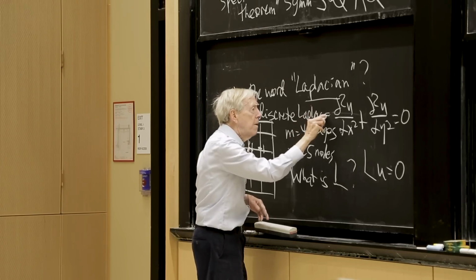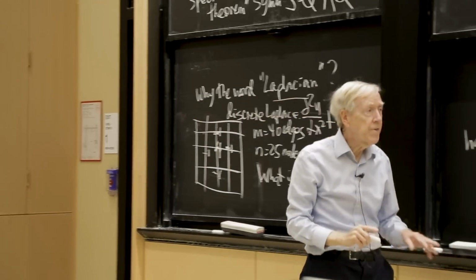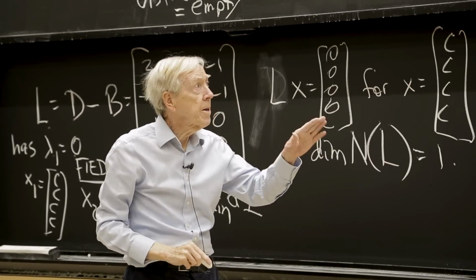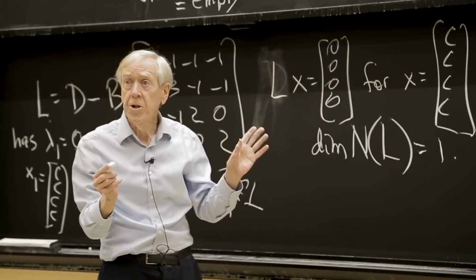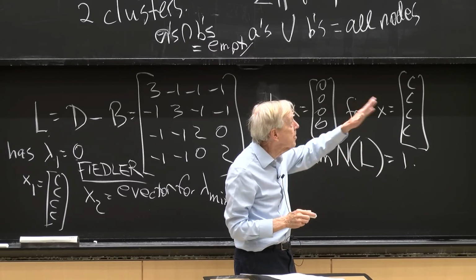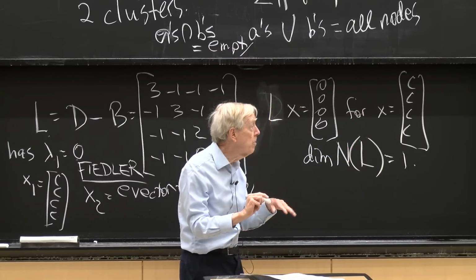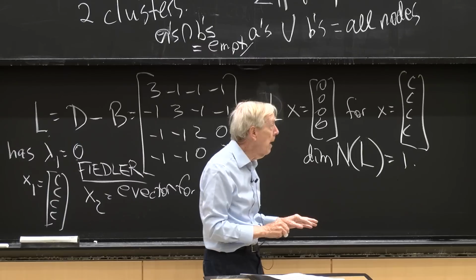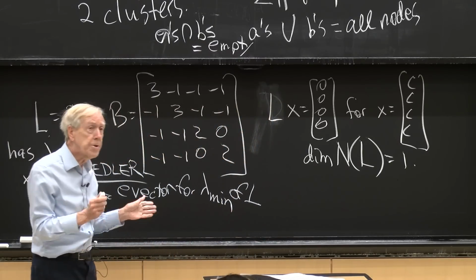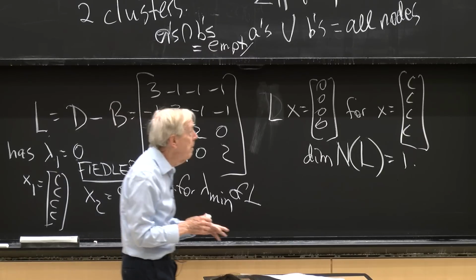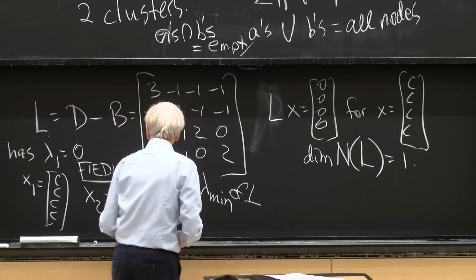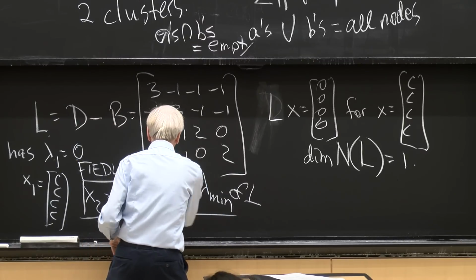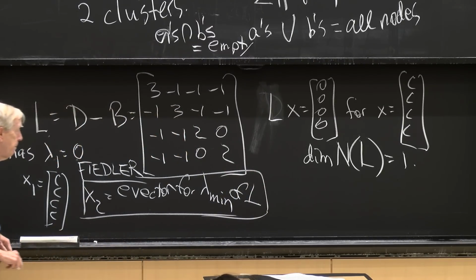Okay. Now, to finish, I have to tell you how you decide the clusters from L. How does L propose 2 clusters, the A's and the B's? Here's the answer. They come from this eigenvector, the Fiedler eigenvector. You look at that eigenvector. It's got some positive and some negative components.